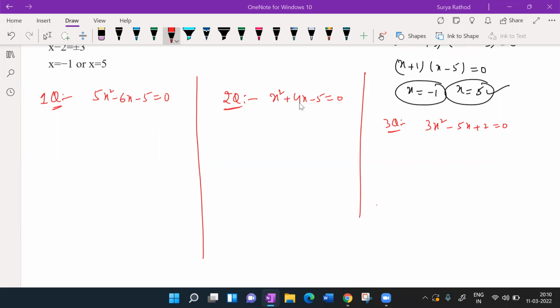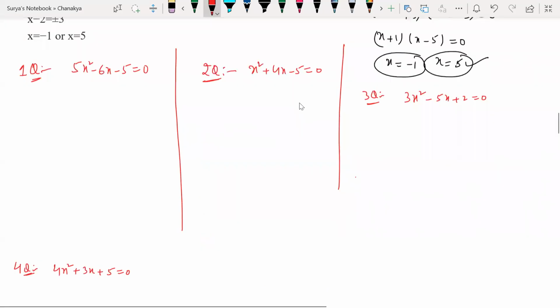I'm not getting it in the form a square minus b square, sir. Yes, sir, me too. You're not getting it in that form? No problem. Sir, I need 1 minute. Okay, no problem. Let me solve this question.